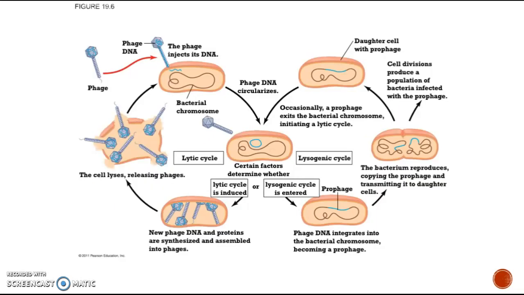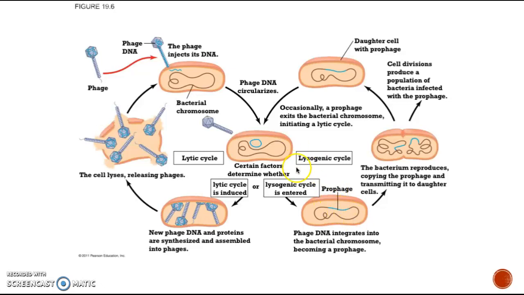In the lysogenic cycle, however, we're still going to have the phage. It's injecting its DNA. But now that DNA is inside the cell with the cell. That's going to cause the DNA to kind of integrate itself into the bacterial genome.